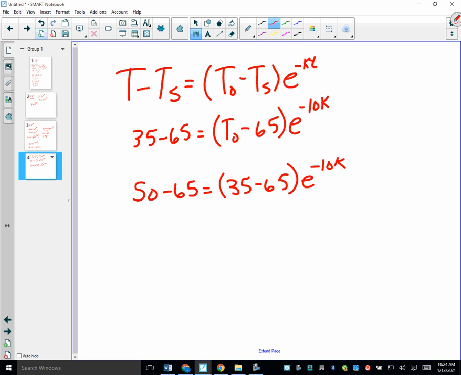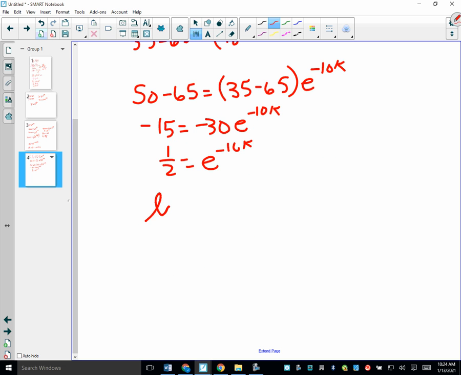Okay. So negative 15 equals negative 30 e to the negative 10k. Oh, I get what you're saying. So 1/2 equals e to the negative 10k. ln of 1/2 equals negative 10k. You've got to make sure k is negative.